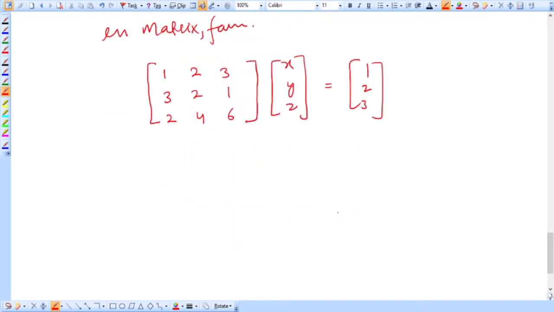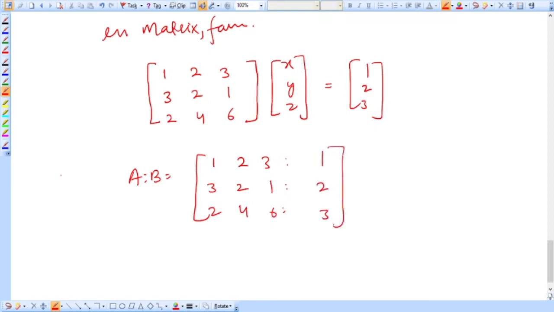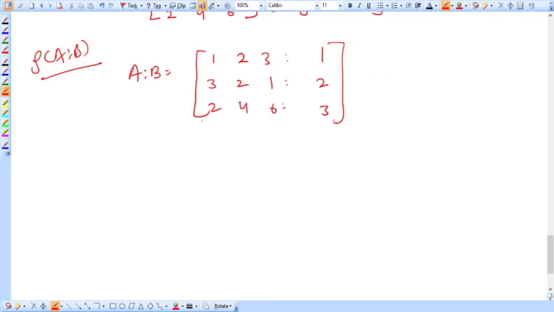So now here the augmented matrix is equal to [1 2 3 1; 3 2 1 2; 2 4 6 3]. Now we are going to find the rank of the augmented matrix AB. In order to find the rank, we make these two elements 0 using this element.